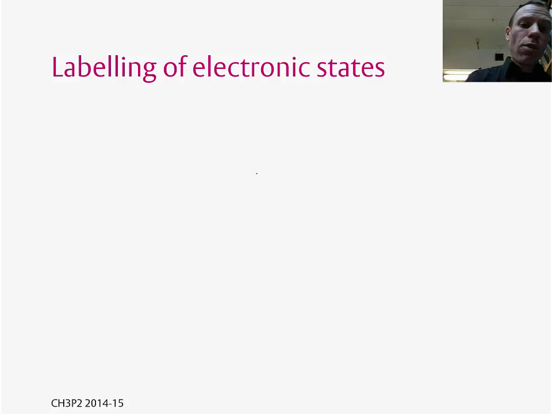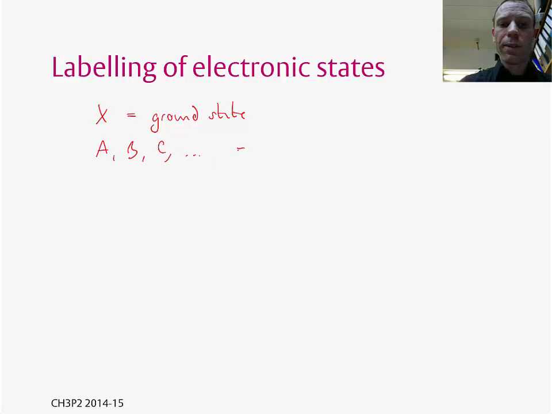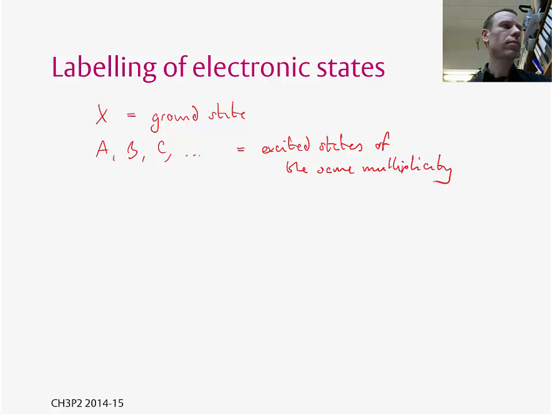One of these is that the ground state is often labelled as just X. Then excited states of the same multiplicity as the ground state are labelled with letters of the alphabet starting from A. So you go A, B, C, and so on.